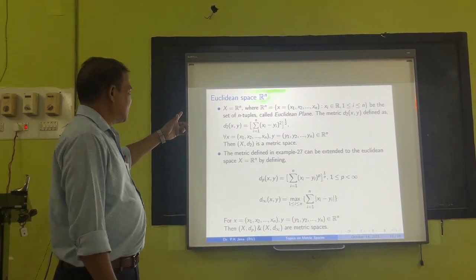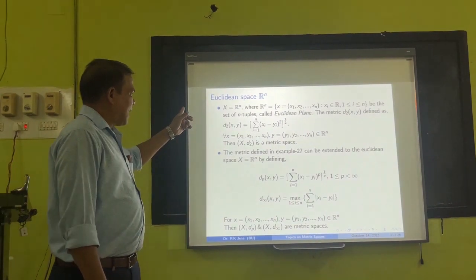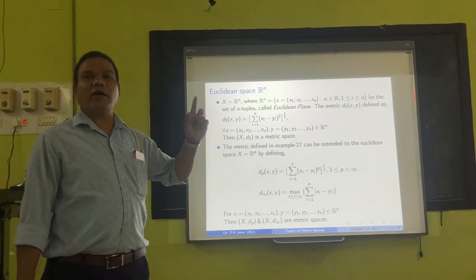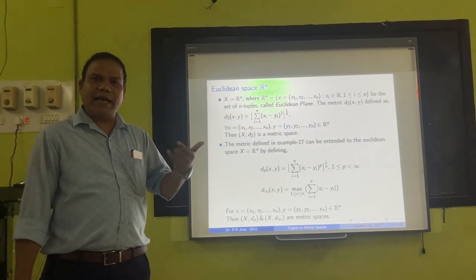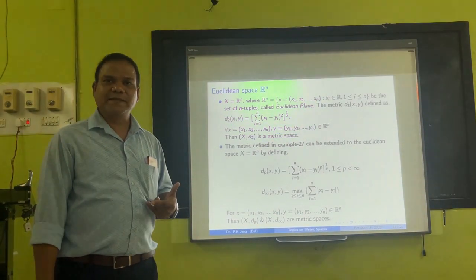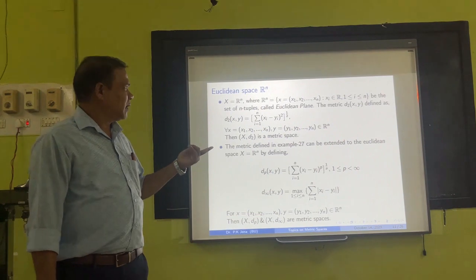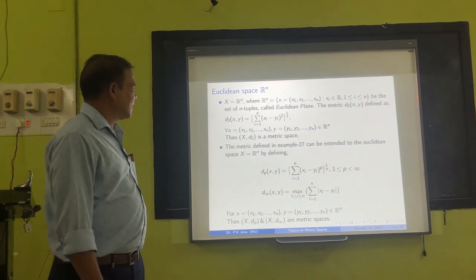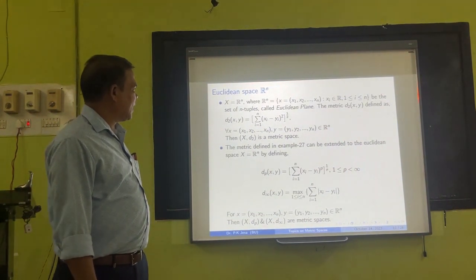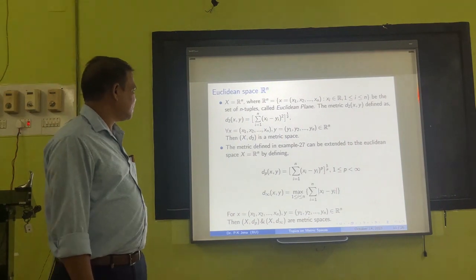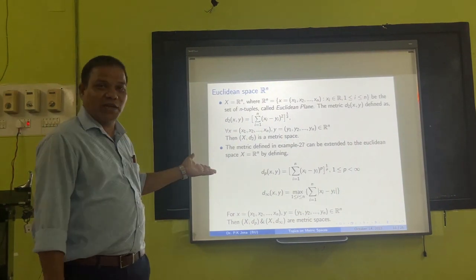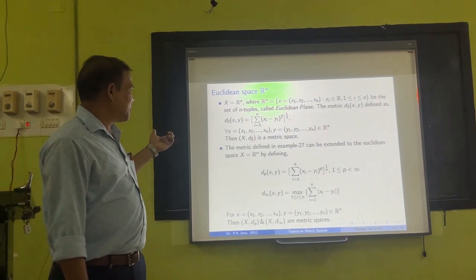Here we see Rn, meaning R cross n copies of R. The elements of Rn are the n-tuple vectors (x1, x2, ..., xn), where all xi belong to R. You can define the 2 metric. Slowly we are dealing with the Euclidean metric.